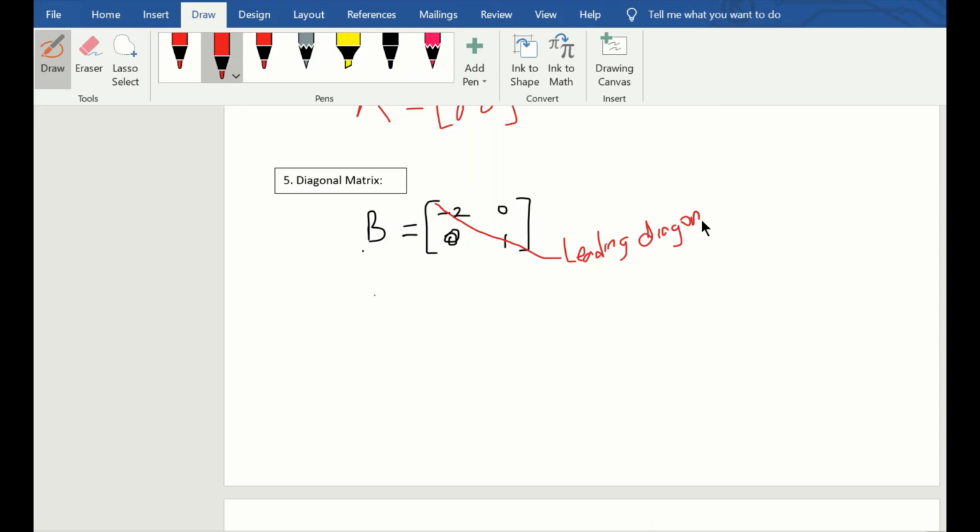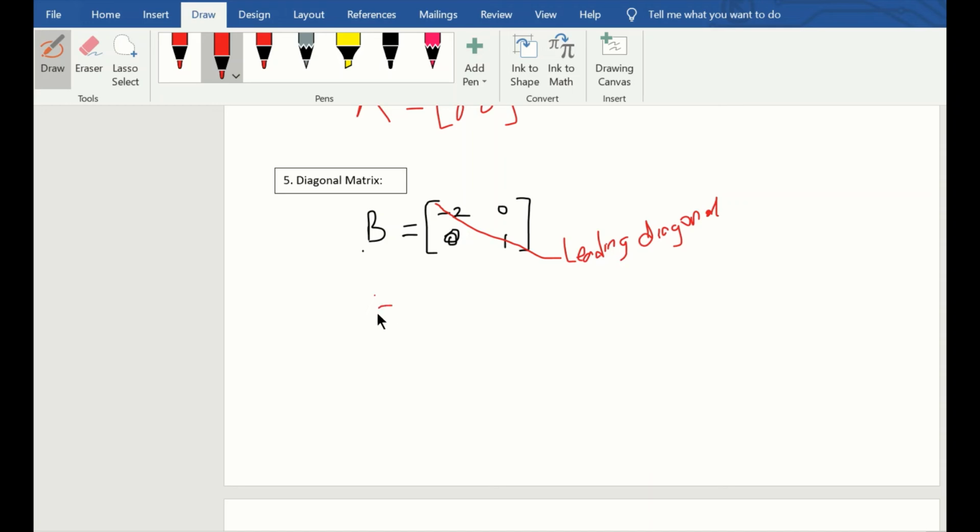It's a very important concept in matrix, that the leading diagonal are not zero. That means that all other elements in this matrix are zero, but the elements or the numbers in this leading diagonal are not zero.